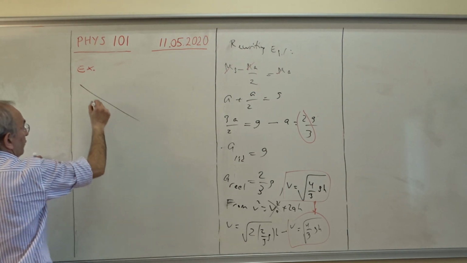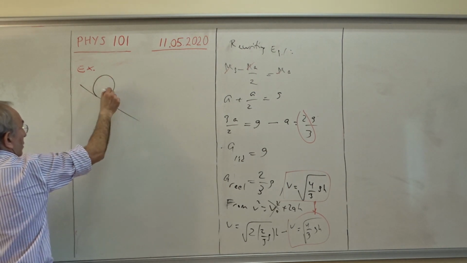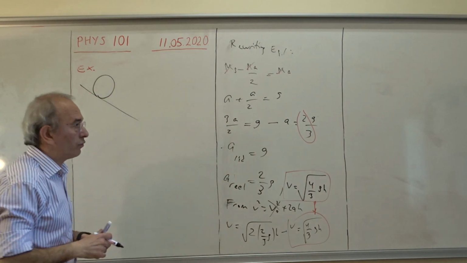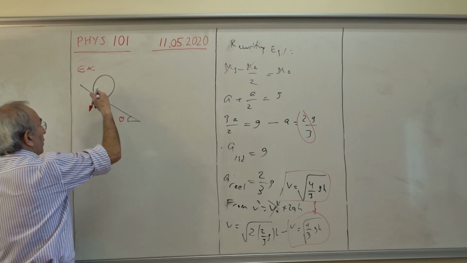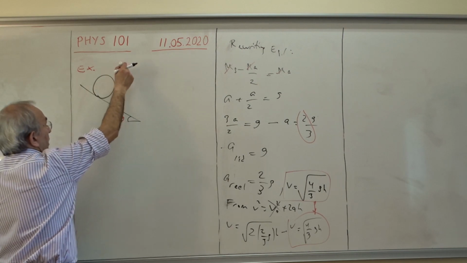For instance, we have a cylinder or a wheel, for example. This is angle theta, and this object has mass m, radius r.